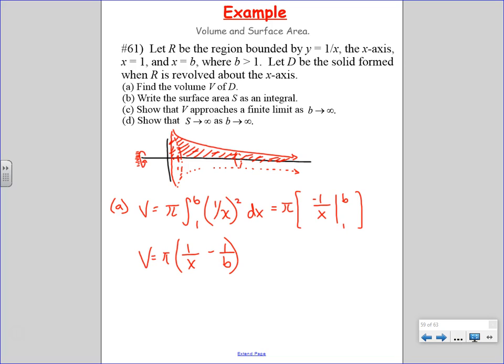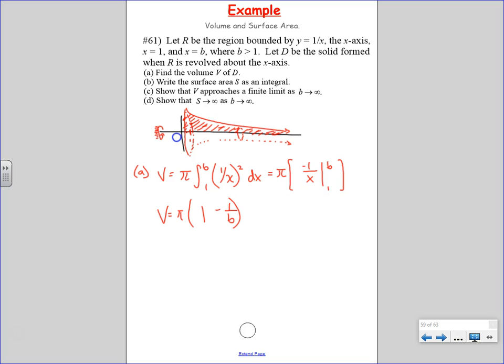F of B will be negative 1 over B, minus 1 over 1. I just wrote it the other way because I have the negative 1 being second. So negative 1 over B minus a negative 1 over 1. There's my volume, or an expression for my volume.